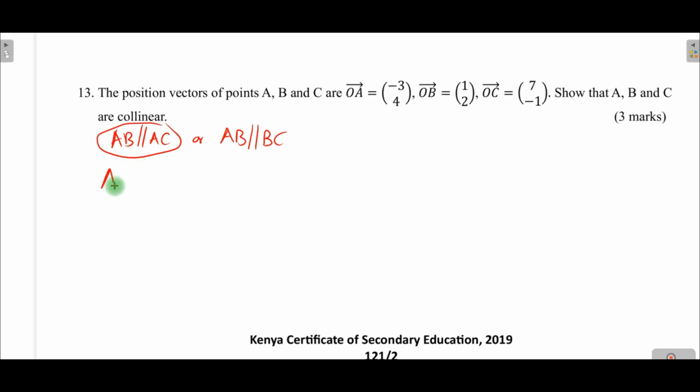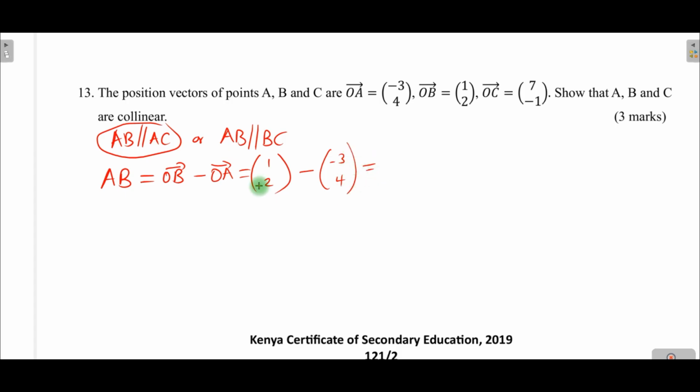Therefore, let us consider AB. What is vector AB? To get vector AB, we take the position vector of B minus the position vector of A. So this will be OB, which is (1, 2), minus OA, which is (-3, 4).